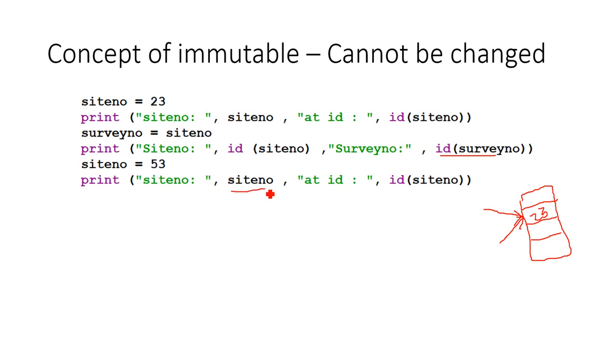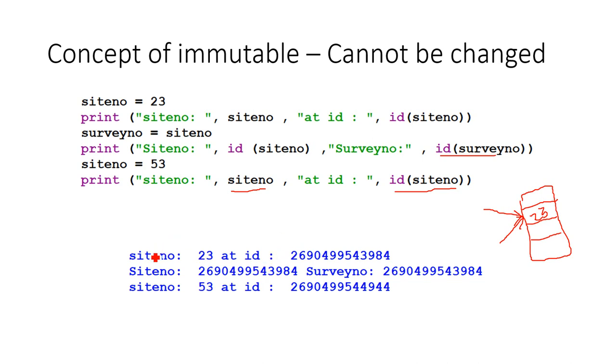Now we print the site number value and also find out where exactly it is stored. If you look at the output of this program, for the first print statement the site number is 23, stored at an ID whose last four digits are 3984. For the second print statement, after declaring the reference variable, we checked the site number ID and the survey number ID.